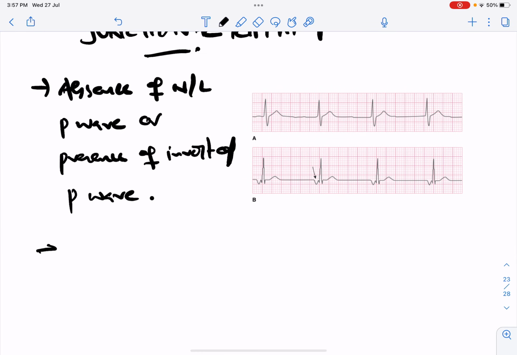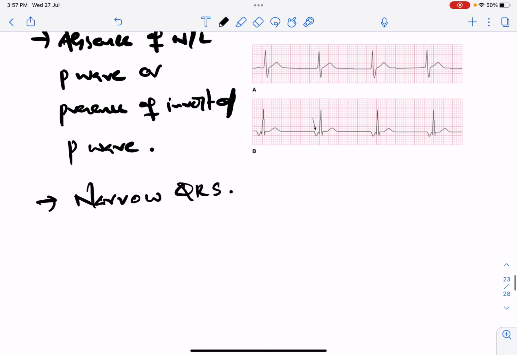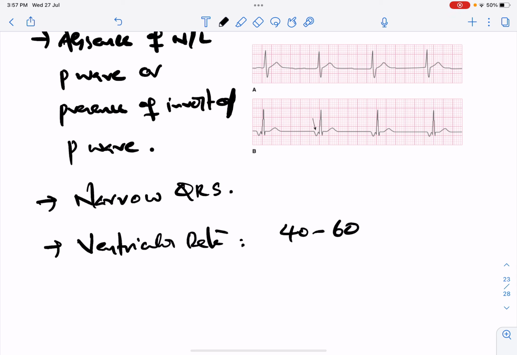Again, the QRS complex will be narrow. As it is supraventricular in origin, the QRS complex will be narrow. So the usual ventricular rate is between 40 to 60.